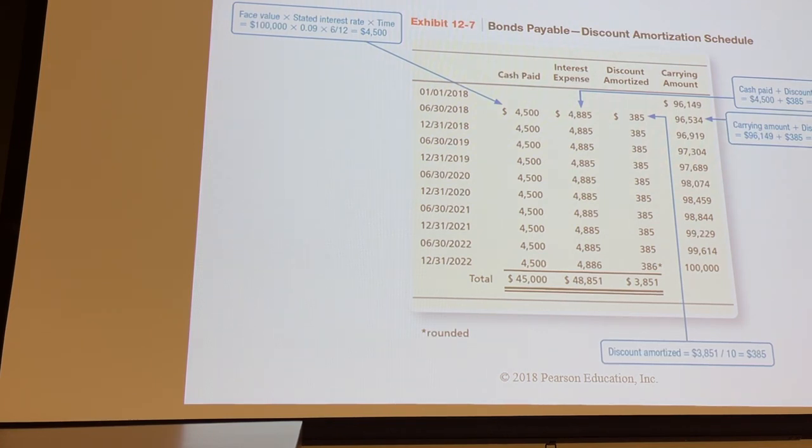So then it becomes very easy to record the journal entry to pay back the investors, because on that date there'll be no more discount left. So we'll see later when we retire the bonds, pay back the investors, it'll be a very simple journal entry to do that when there's no more discount left.